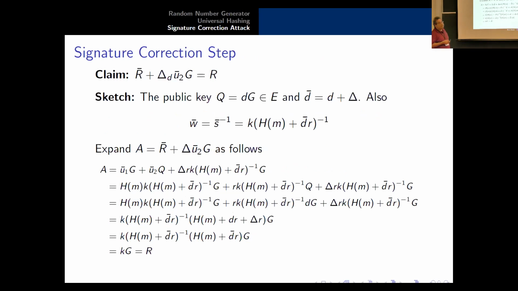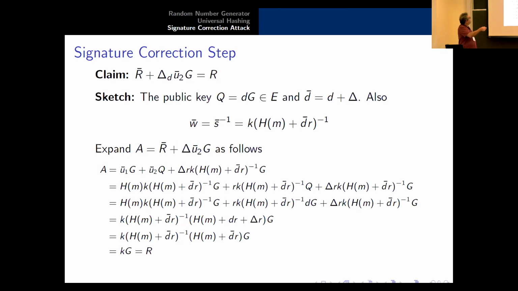It so happens that we can algebraically quantify that, and we get this nice equation: R bar plus delta, the noise term, times U2 bar times G is equal to R, the original R. R bar is what we compute at the end of the verification, which we can also run. Anybody can verify a signature, since we have the public key.